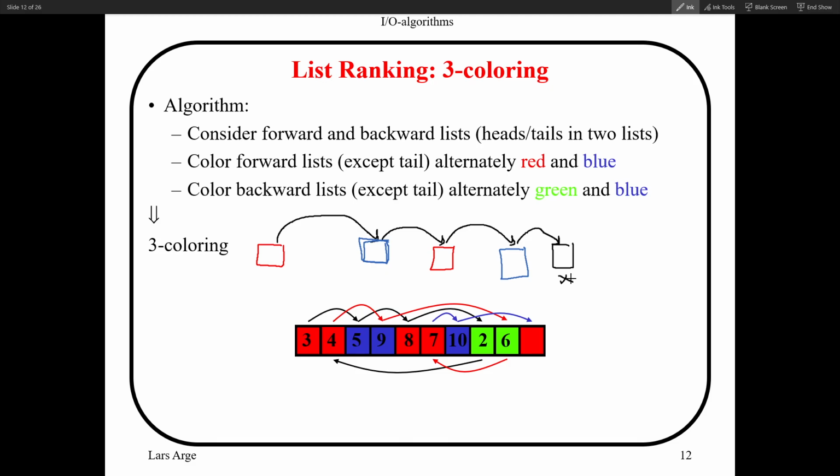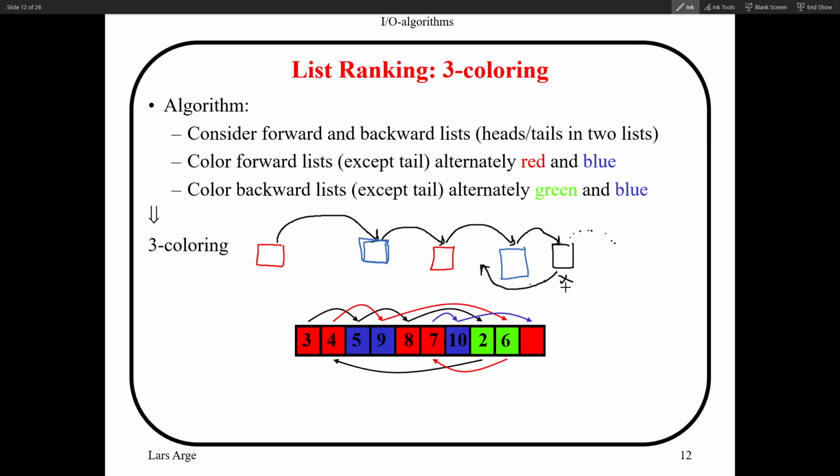Then when we color the backward list, this is going to be the beginning of a backward list. Because by assumption the forward list ends here, so X cannot be pointing to something after, it has to point to something before.